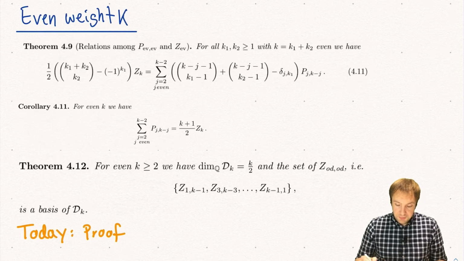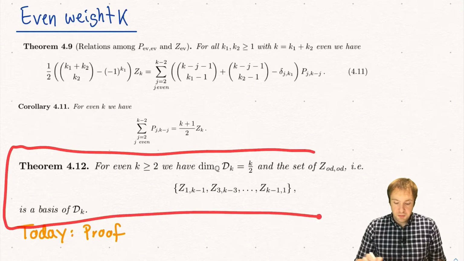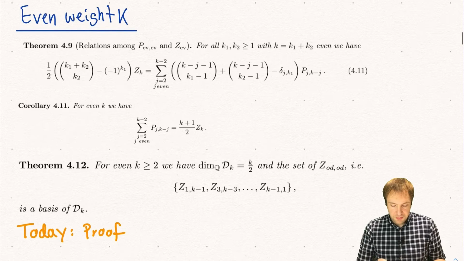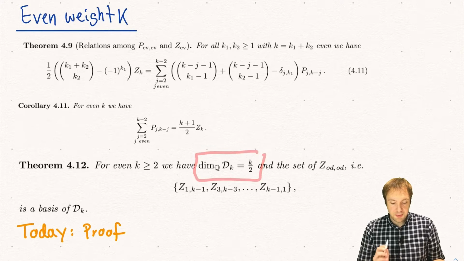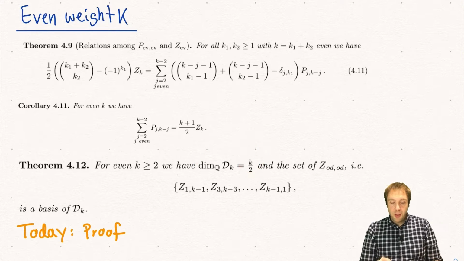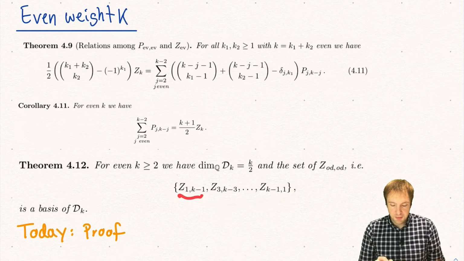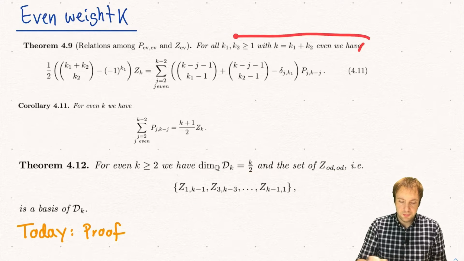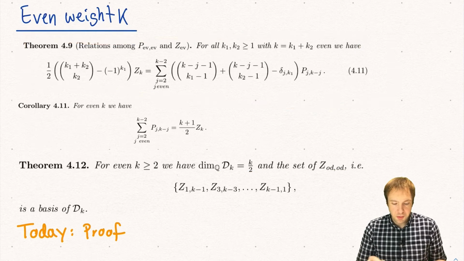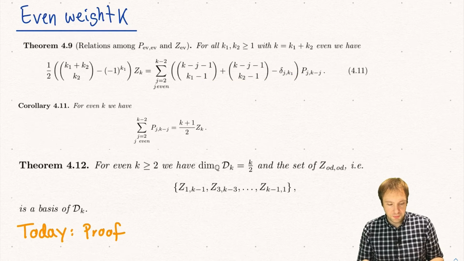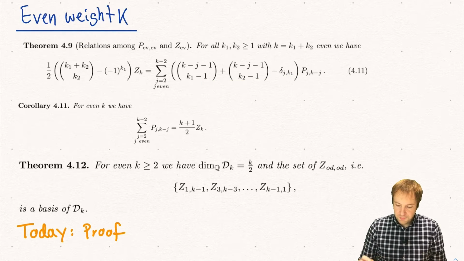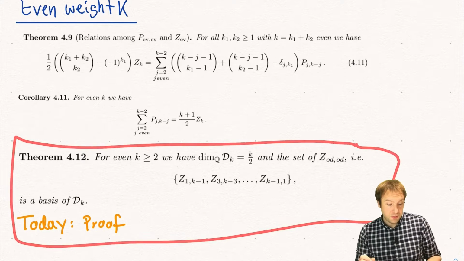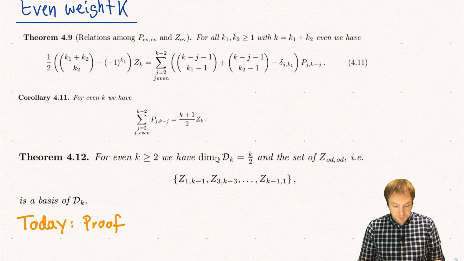And then we stated this theorem here, the analog for the dimension theorem, namely stating that the dimension of Dk in the even weight case is exactly k/2, where the basis is given by these Z odd odds. But this is not a consequence of this theorem here, because there are no Z odd odds appearing in this. But one of today's goals is to prove this theorem here by using a little bit different techniques.